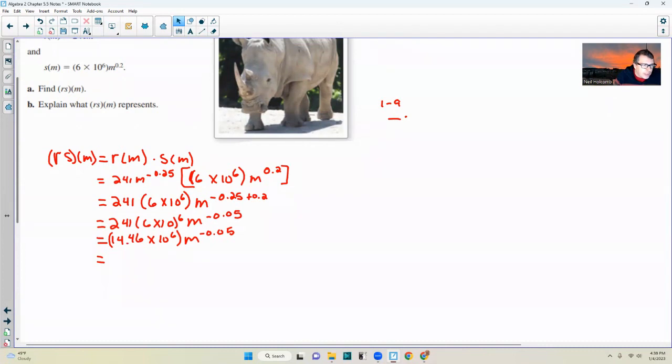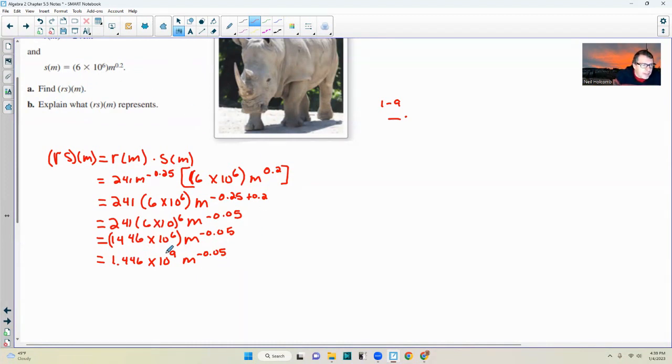If I put the decimal here, 14 is greater than 9. And if I put the decimal here, I now have a number between 1 and 9 inclusive, so it's 1.446. So I'll put that decimal there. I moved it 1, 2, 3 places. So that's going to add 3 places to 6. And now that's 10 to the 9th power, times M to the negative 0.05. Okay, so that is the answer.